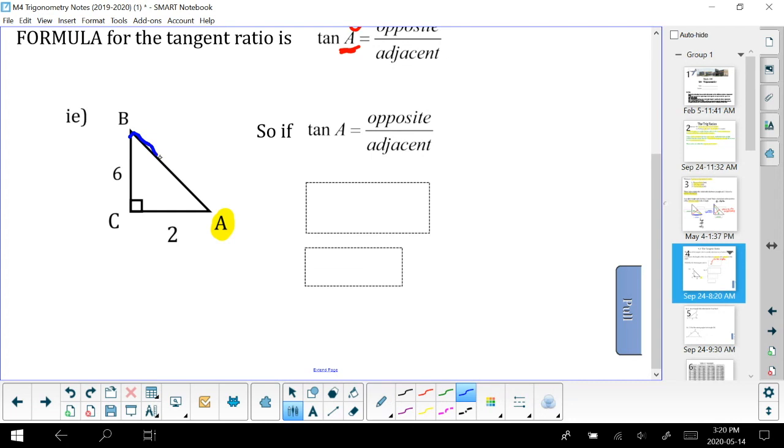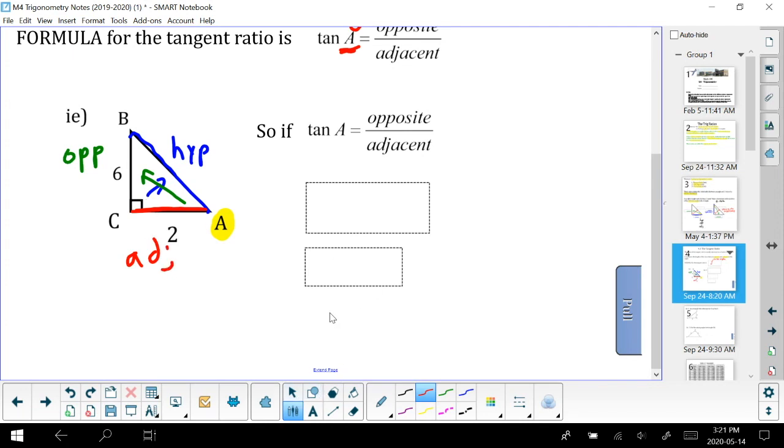We know that our hypotenuse is going to be this side right here because it is directly across from my right angle. Directly across from angle A is what we call the opposite side. And right beside your reference angle A is what we call our adjacent side.